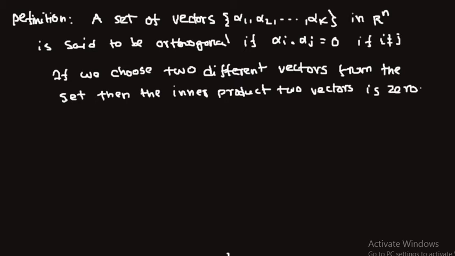That's the thing. If I choose any two different vectors from this set and their multiplication gives 0, then the set is called an orthogonal set.